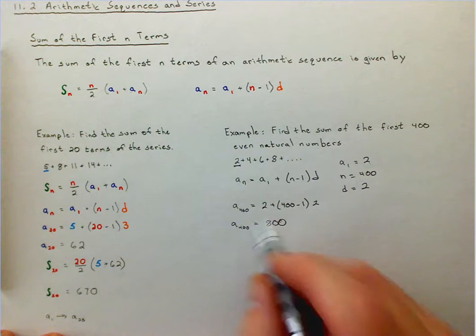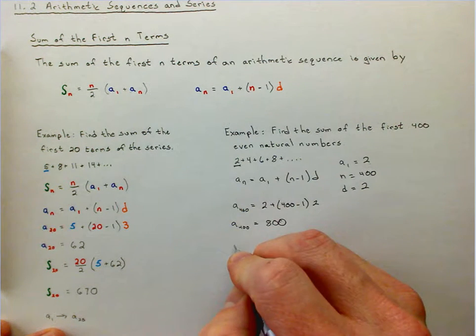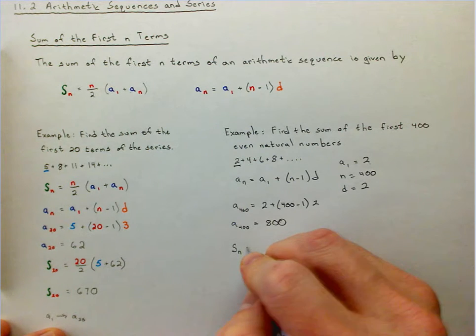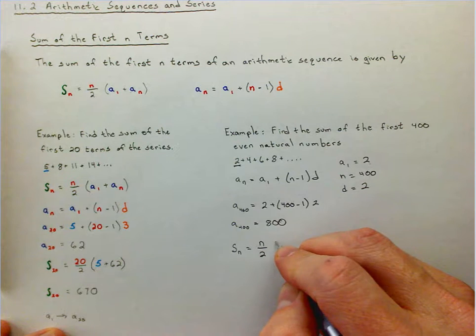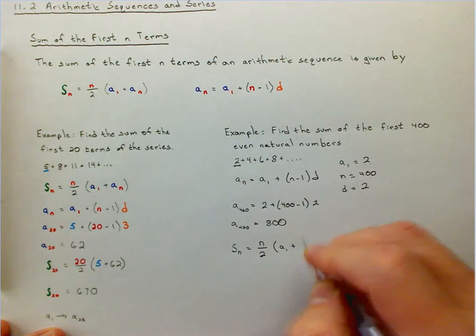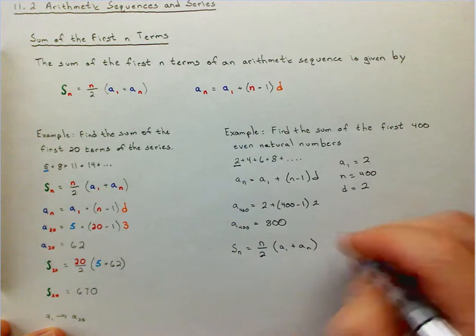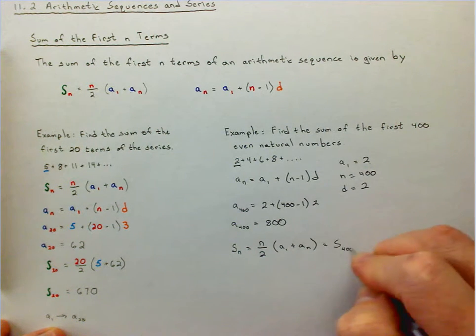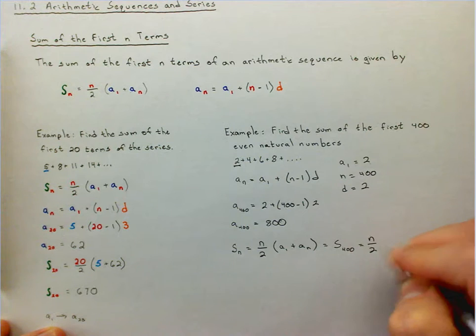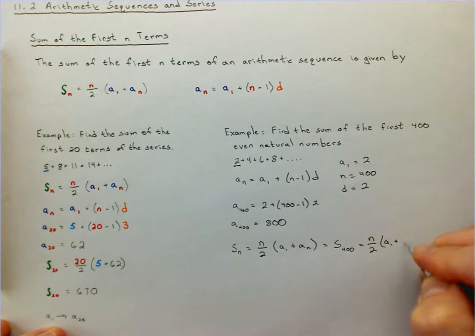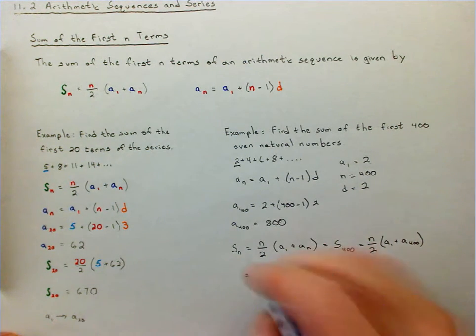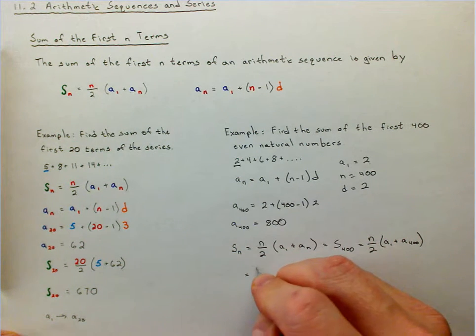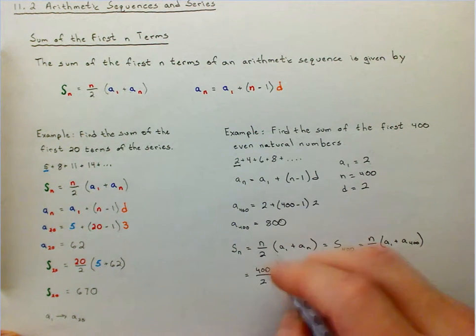Now that I know my A sub 400, I can use my other formula for the sum. S sub n equals n over 2 times A sub 1 plus A sub n. And what this turns into is S sub 400 equals n over 2 times A sub 1 plus A sub 400. And what this equals, n is 400 divided by 2.